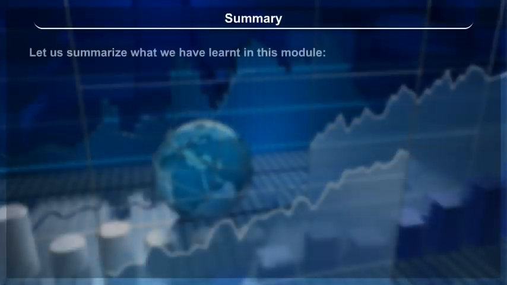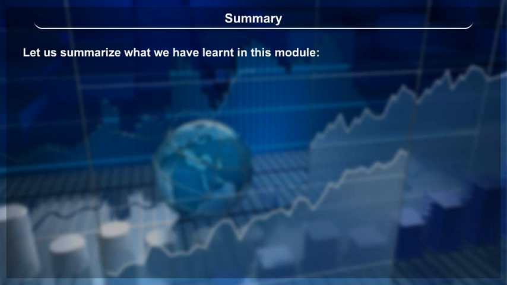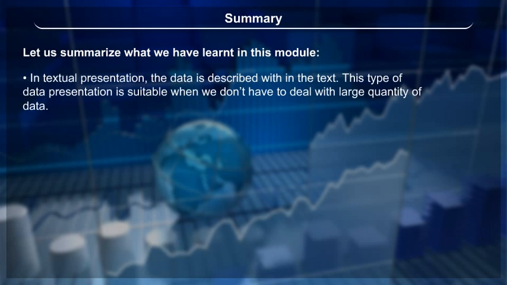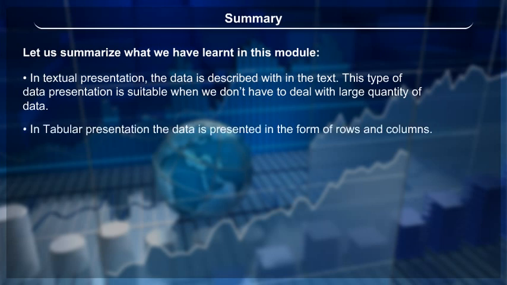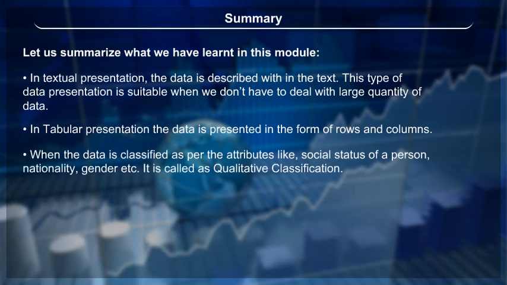Summary. Let us summarize what we have learned in this module. In textual presentation, the data is described within the text. This type of data presentation is suitable when we don't have to deal with a large quantity of data. In tabular presentation, the data is presented in the form of rows and columns. When the data is classified as per attributes like social status of a person, nationality, gender, etc., it is called qualitative classification.